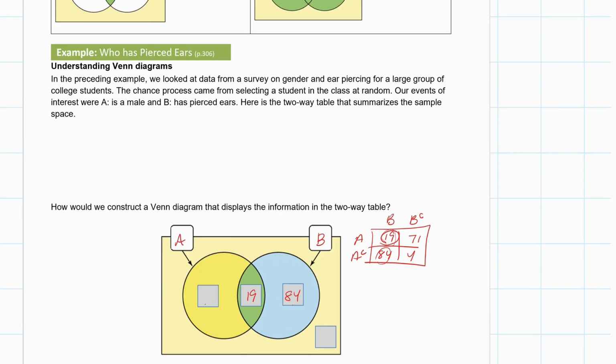This one here is the 71, the males who aren't pierced. And over in this section is 4 for the non-males that are not pierced. So just know that the 4 numbers in the two-way table all belong to one of the 4 distinct areas in the Venn diagram.